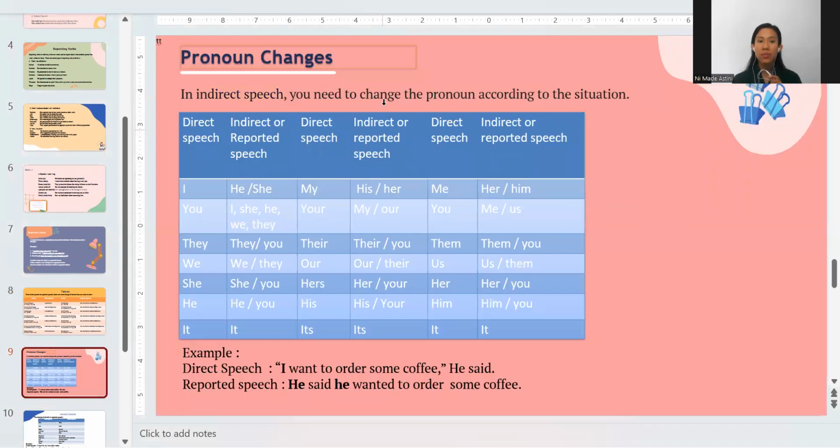Okay, the next one is pronoun change. Pronouns also change from direct speech to reported speech. It depends on the situation when you use the pronouns.